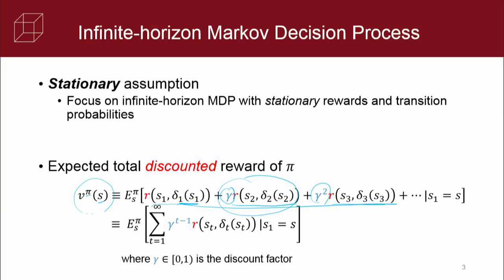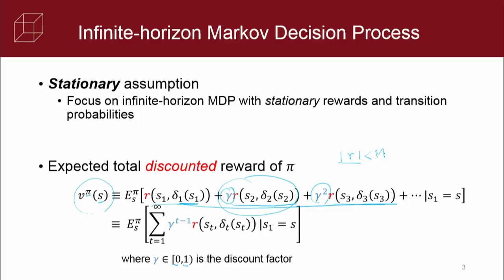Since gamma is between 0 and 1, this expected total discounted reward is bounded above as far as the absolute value of the reward function is bounded, let's say above by m.